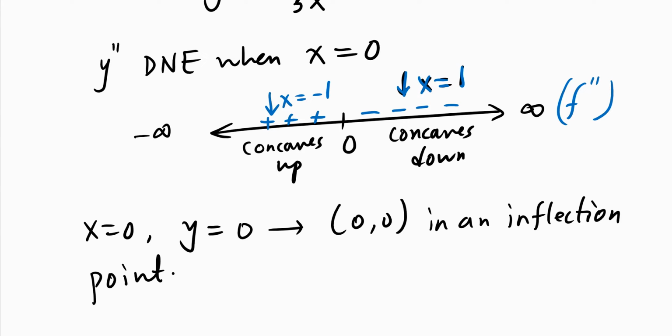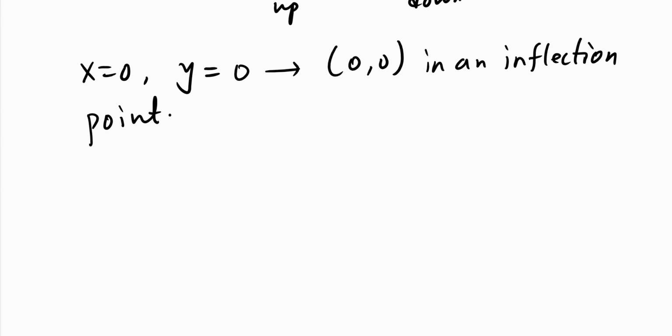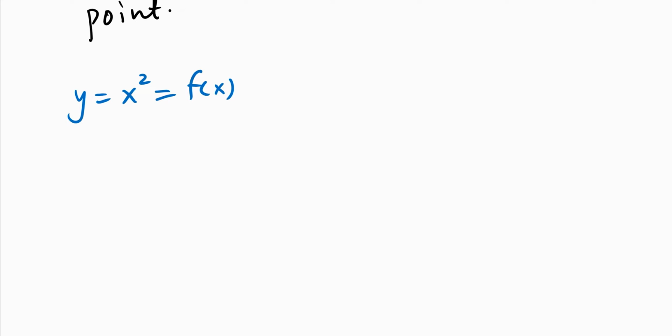Now, what about if they give us y equals, let's say, the graph of x squared. This is f of x. Okay, so I'm going to graph this function here, which each one of you already knows how to graph.